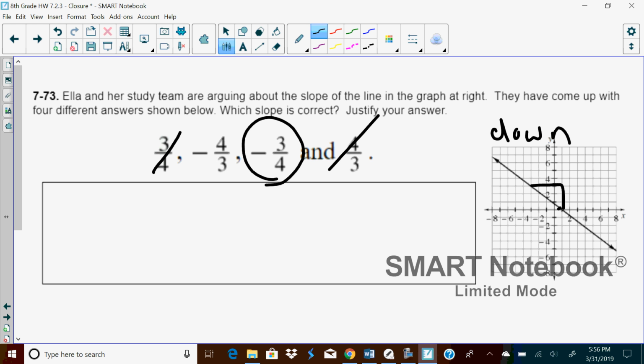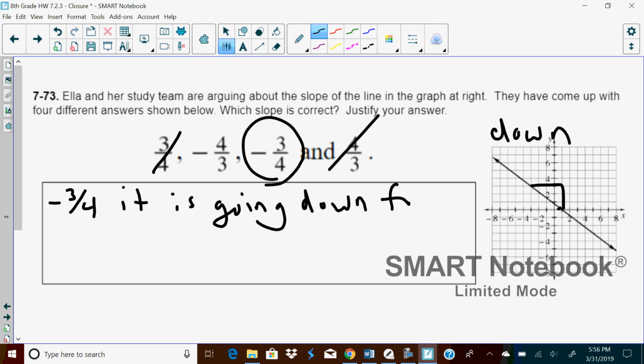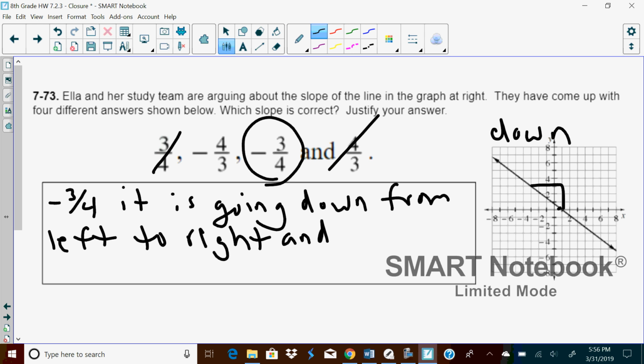So I can say that my slope is -3/4 because it is going down from left to right, and has a change in y of 3 and a change in x of 4.